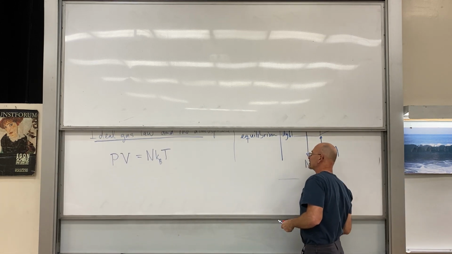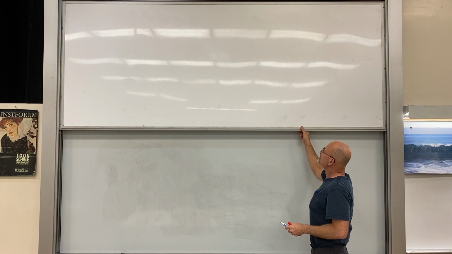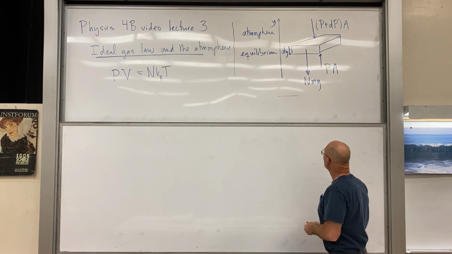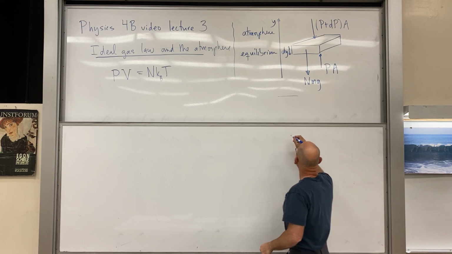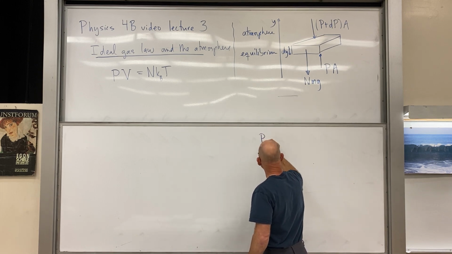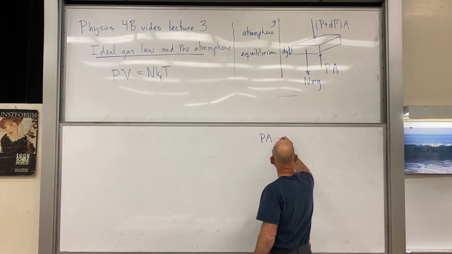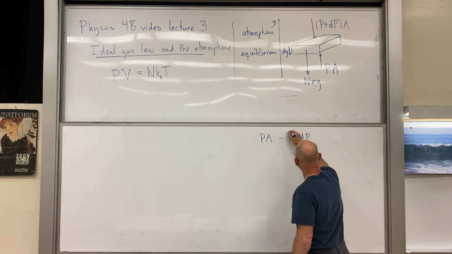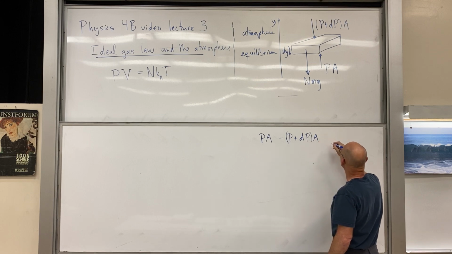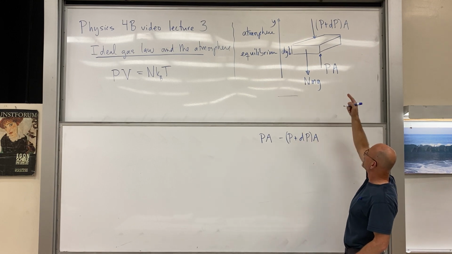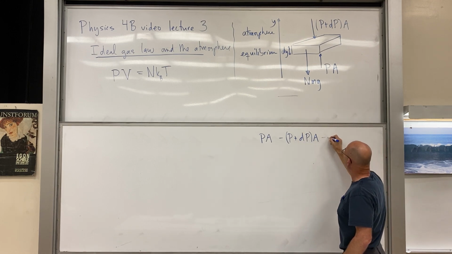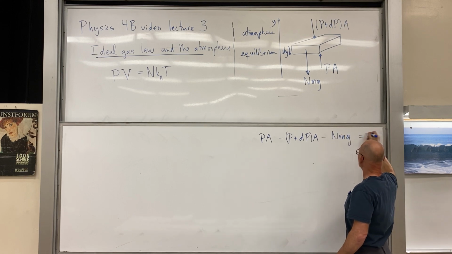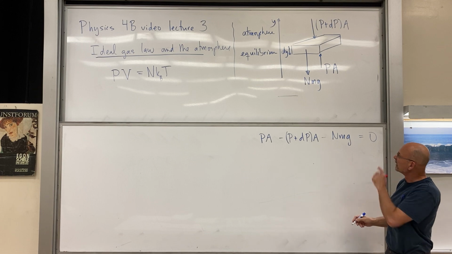Let's see what happens. We have P times A minus P plus dP times A. Yes, remember the minus sign, the direction pointing down, minus n times m times g is equal to 0 for all the particles of air in there.